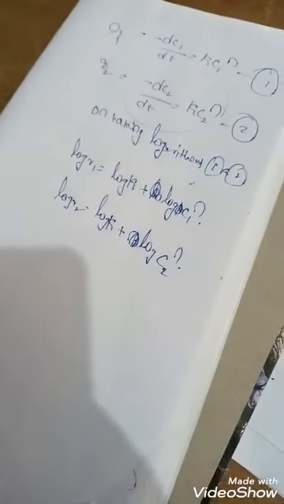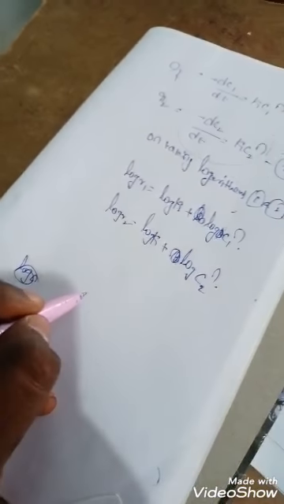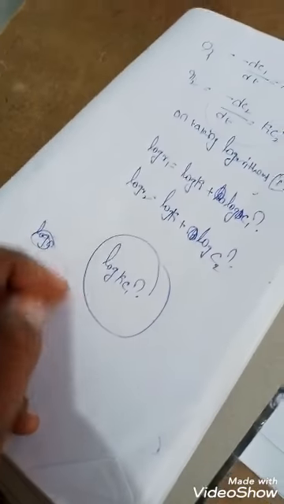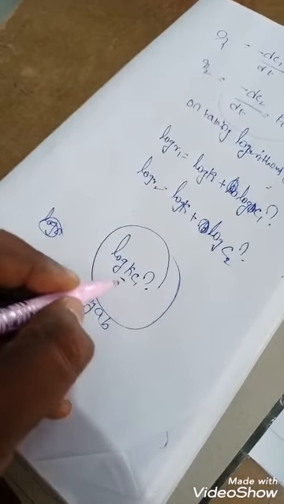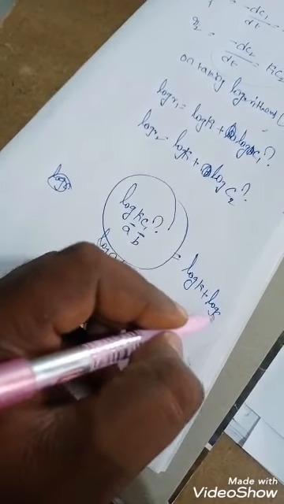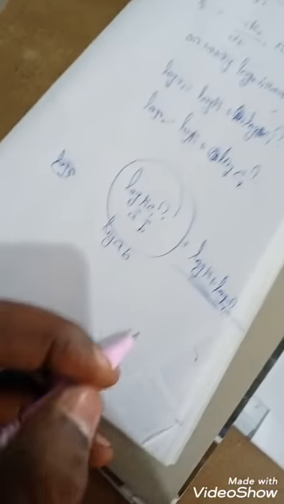This log is applied to k c1 to the power n, like log ab, where a means k and b means c1. So we take log k plus log c1 to the power n.